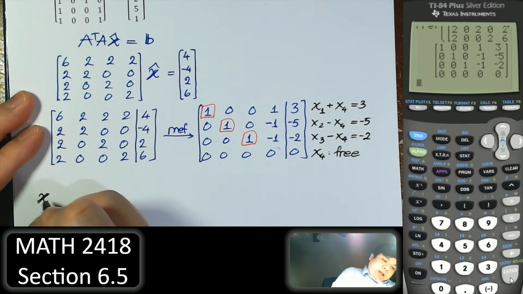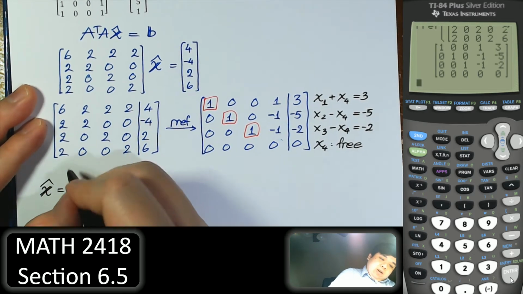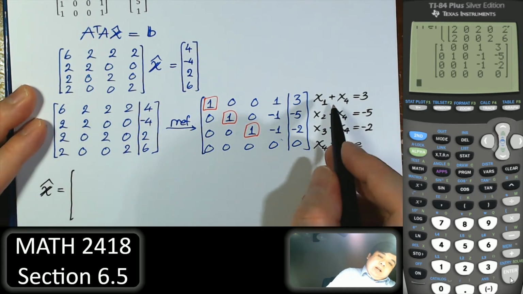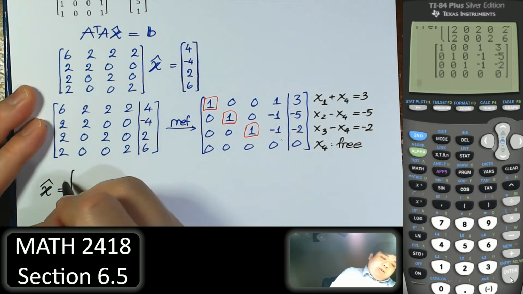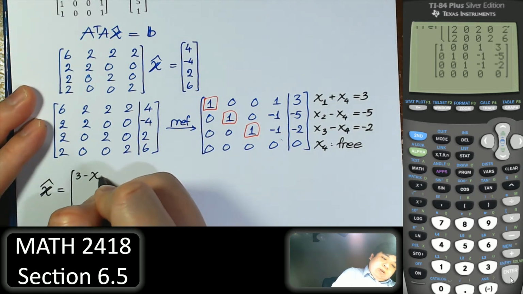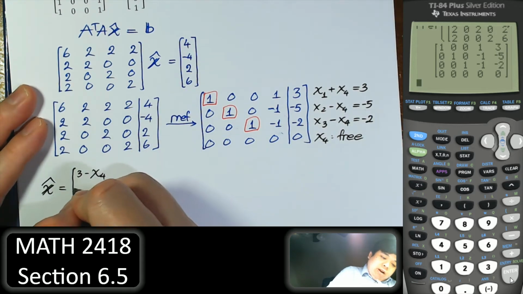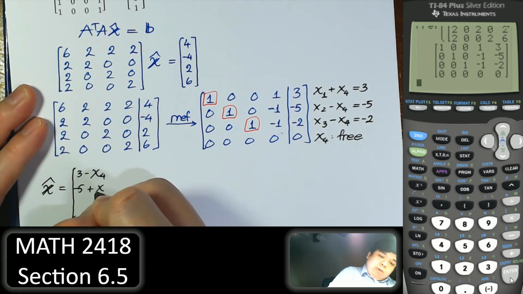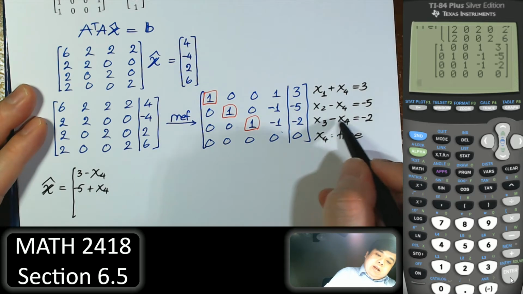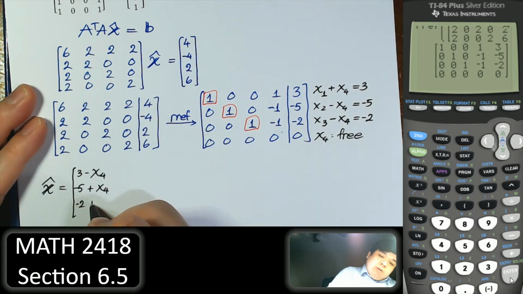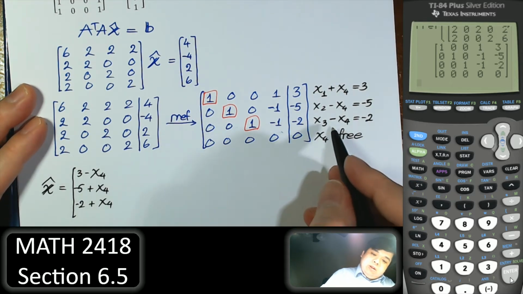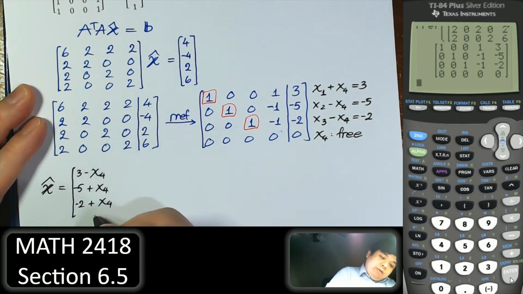So the solution x hat equal to, for x1, we subtract x4, 3 minus x4, and -5 plus x4, and -2 plus x4, and x4 is 3.